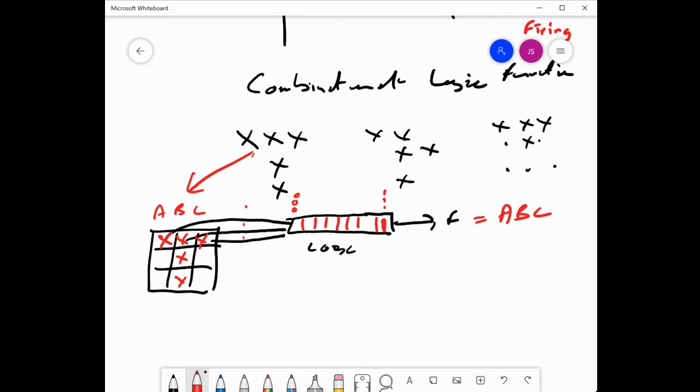If, however, I add a second pattern, and the second pattern doesn't have a cross there, it has a cross down there. Now we are seeing 1, 1, 0 being sampled.